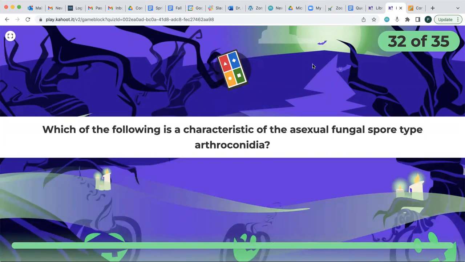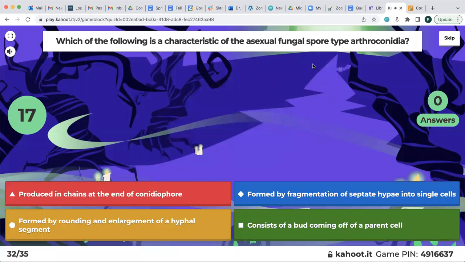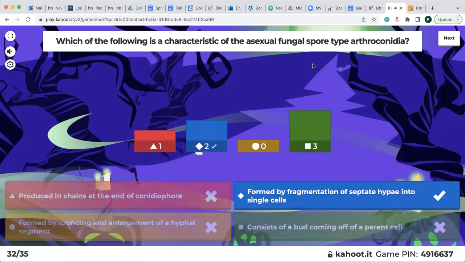Which of the following is a characteristic of asexual fungus spore type? Arthroconidia. In this type, it is formed by fragmentation of septate hyphae into single cells. The other one, the one produced in chains at the end of a conidiophore, I have them right here.